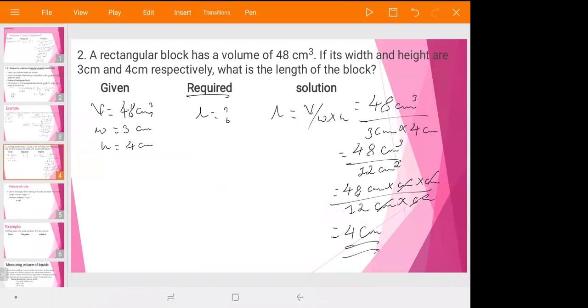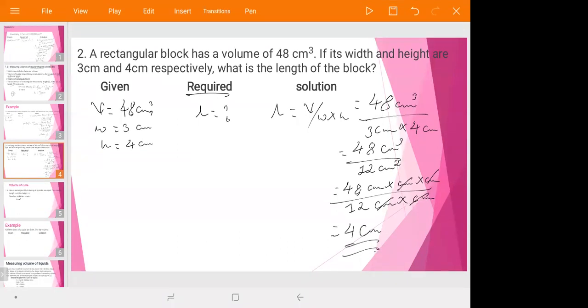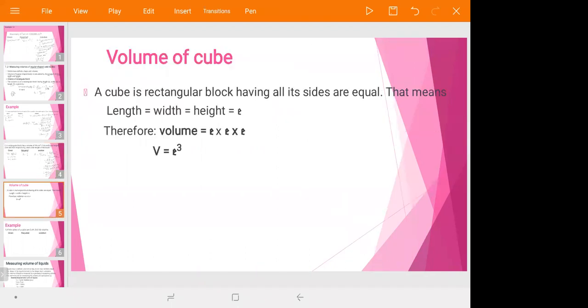No. So if the length, width, and height of a rectangular block, not a rectangular surface, are given, you can calculate its volume by using the formula length times width times height. And if the volume and two of the others are given, you can find the third one. Okay?